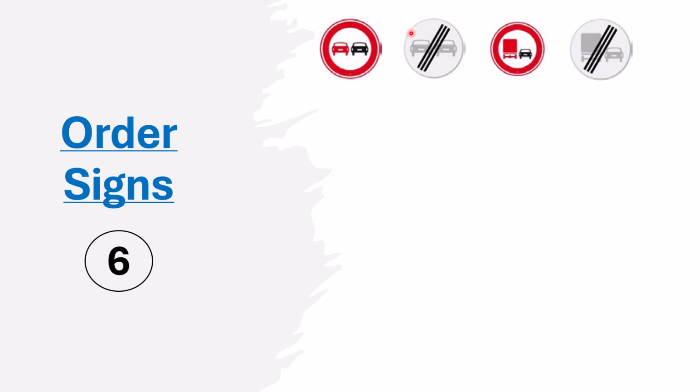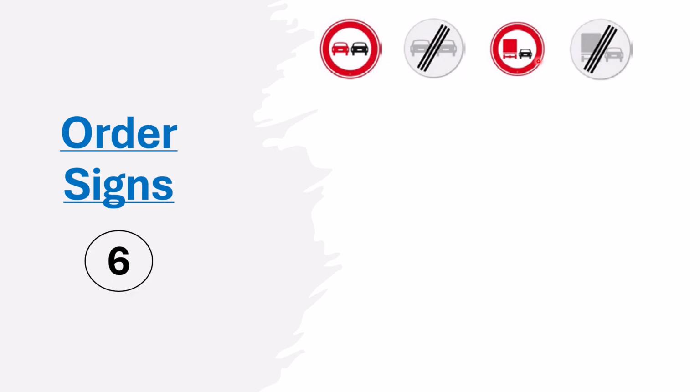And if you see this sign, it means the restriction for overtaking is finished. Now you can overtake the other cars. And if you see this signboard, it means this lorry is overtaking the car. So this red circular signboard means the prohibition sign. It means that lorries cannot overtake other vehicles.